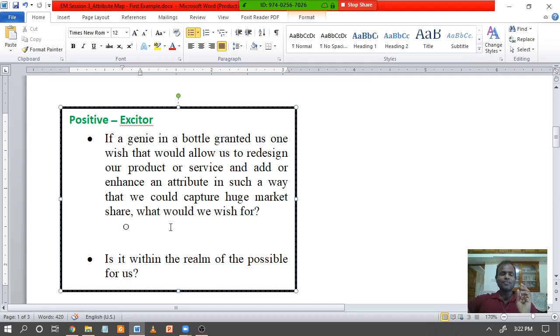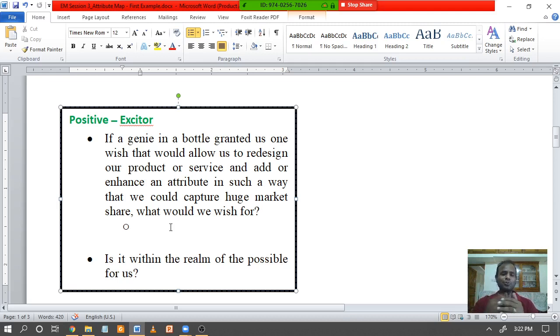If there is something that is commonly attributed to everybody, then it does not become an exciter for your institution. If there is something uncommon but wanted or needed by the students, then it becomes an exciter factor. So it should be something uncommon.